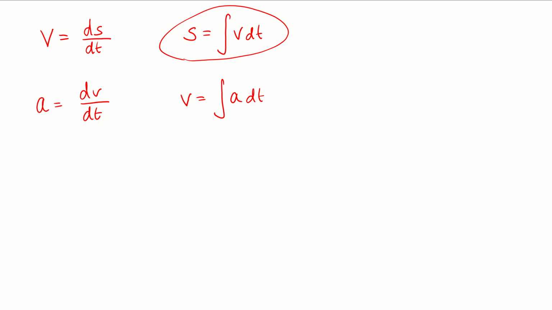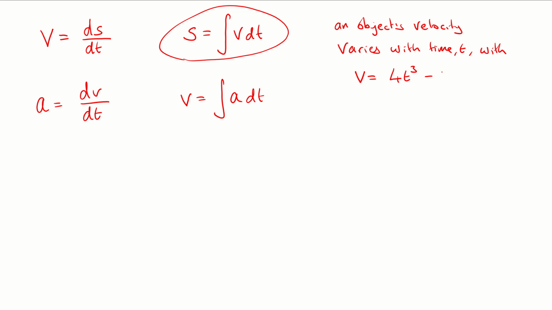Let's say that an object's velocity varies with time with this equation here. v is equal to 4t cubed take away 7t squared plus 6.